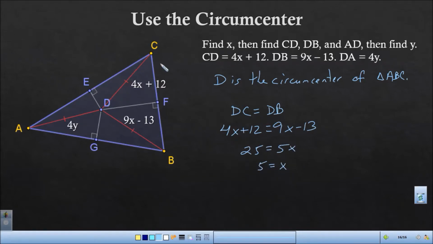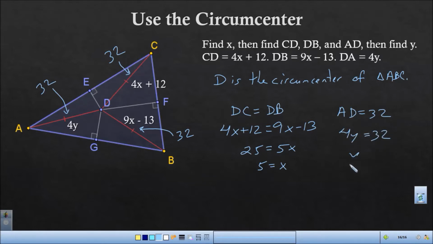That in turn means that the length of DC is 32 units, and likewise the length of DB is 32 units, which means the length of AD is 32 units. So AD is equal to 32, and we also know that AD is equal to 4y, which means y has a value of 8. So you can use the circumcenter to perform calculations that way.